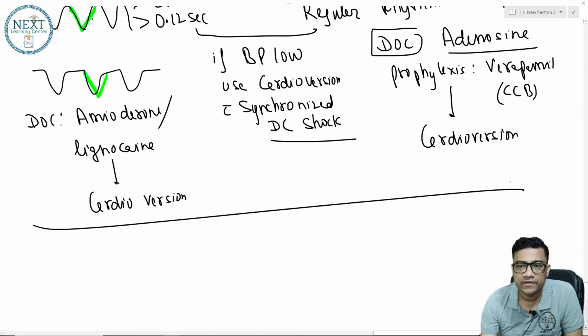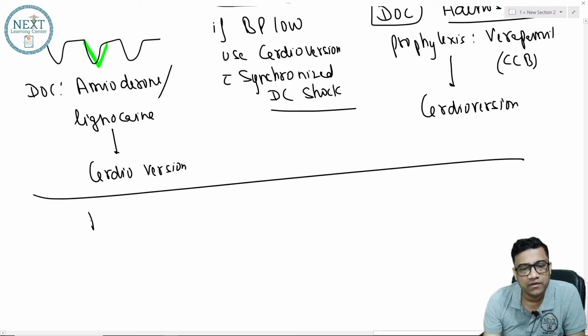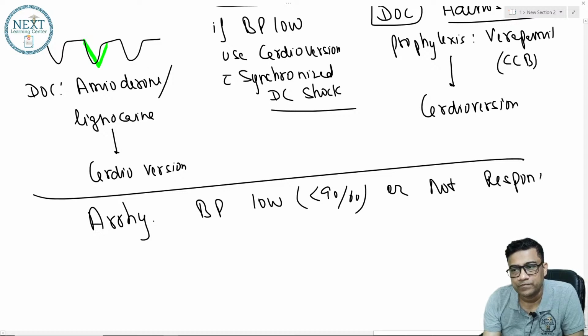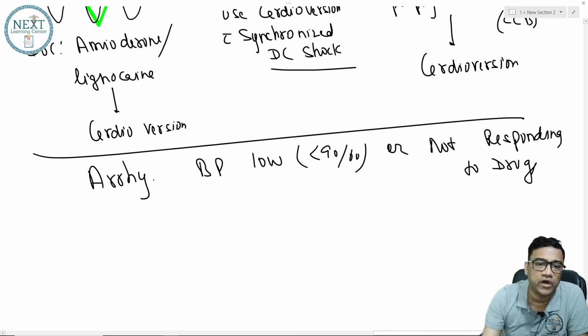So the summary: if in arrhythmia, BP is low, that is less than 90/60, or not responding to drugs, then do cardioversion.